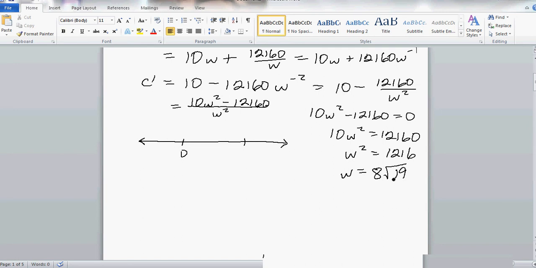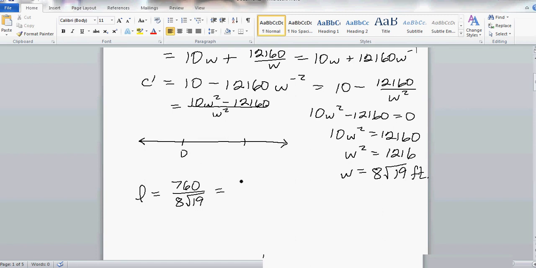8 root 19 feet. And then it becomes pretty simple to find what the length would be, because all we have to do is plug that in to the fact that length is 760 over that. And so simplifying that, 760 over 8 is 95.